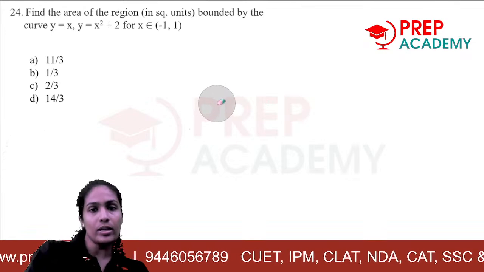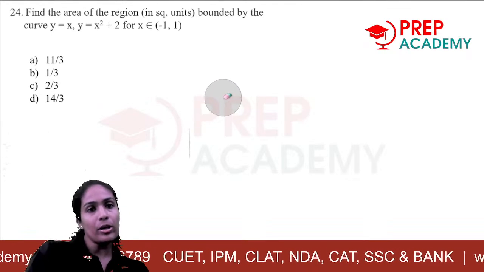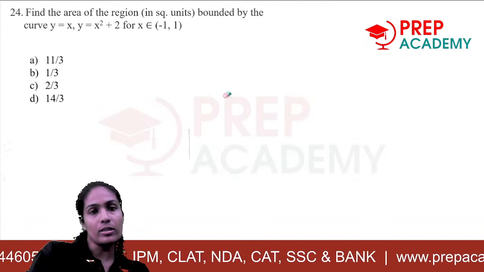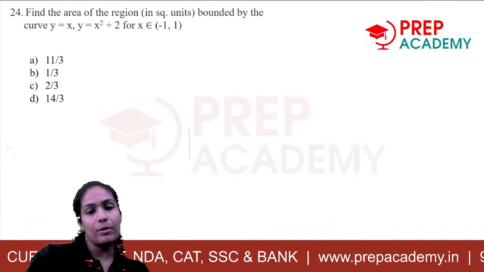Find the area of the region in square units bounded by the curves y equal to x and y equal to x square plus 2, for x from -1 to 1.